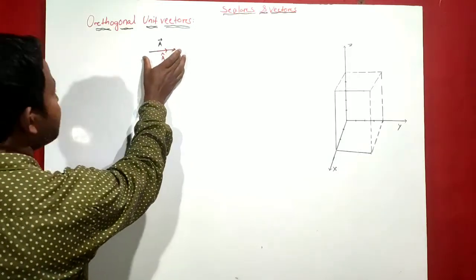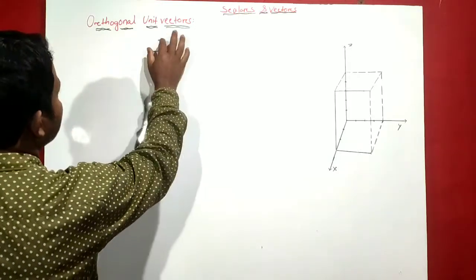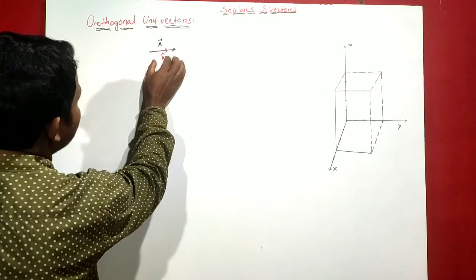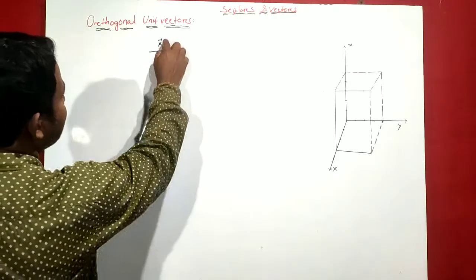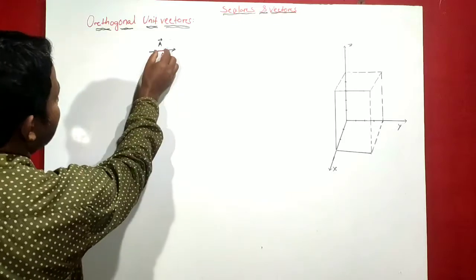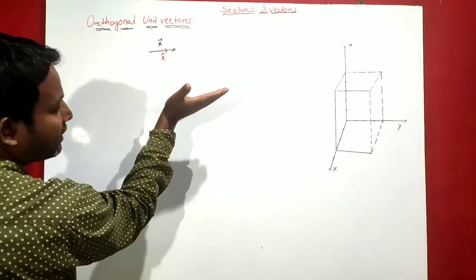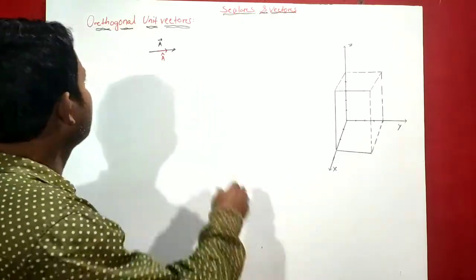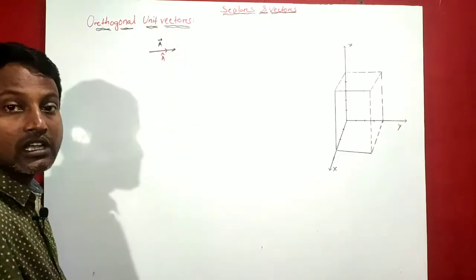Let this is a vector A, and this is a cap vector, unit vector of A, which is a unit magnitude and directed along the direction of the A vector.